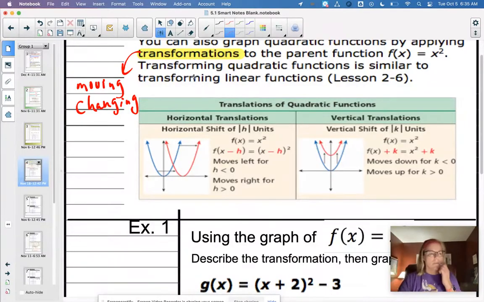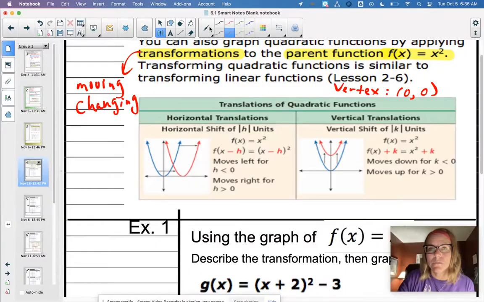That's what that means. And the other thing I want to point out, which we should already know, is that this function right here, which is the parent function, we know that the vertex of that function is 0, 0. Like I said, we've already learned that. One more thing I want to add to this. Horizontal is left or right.